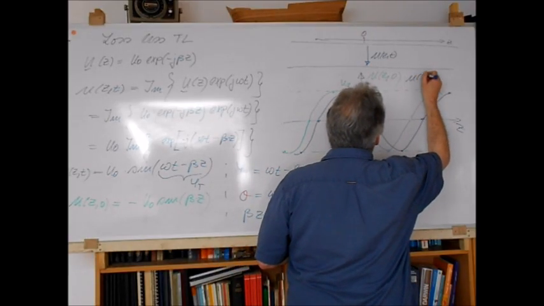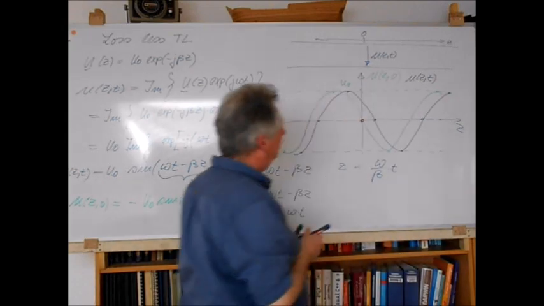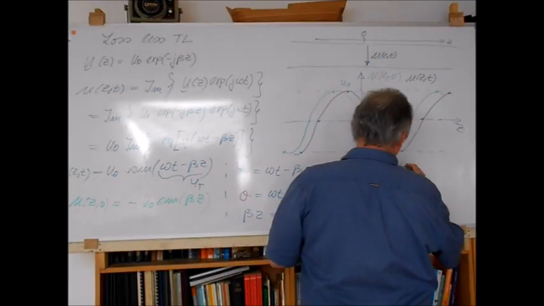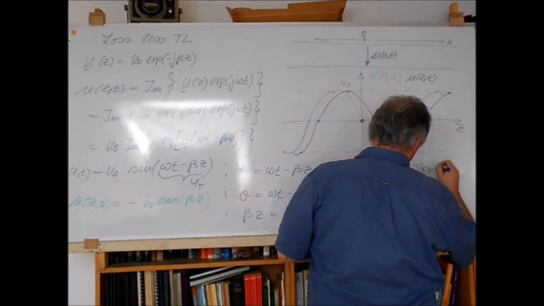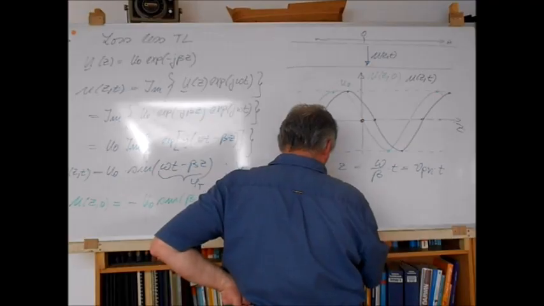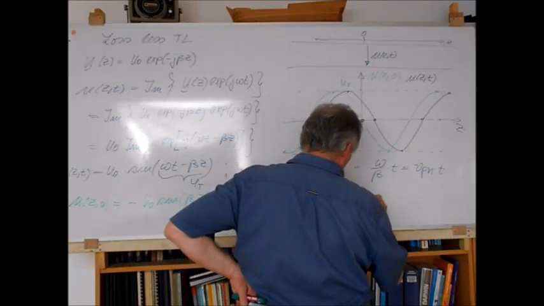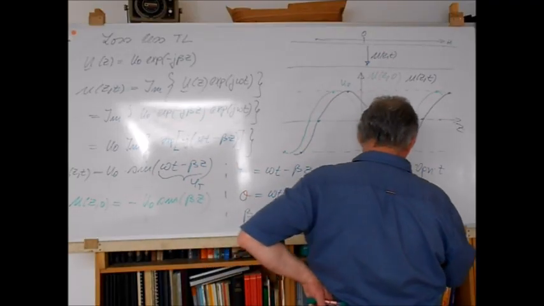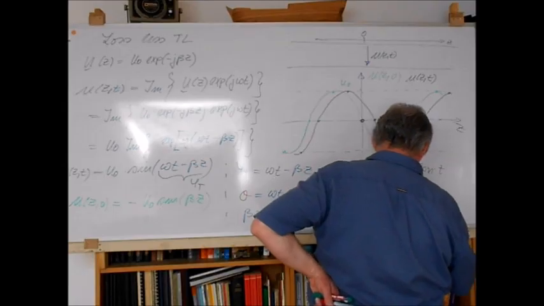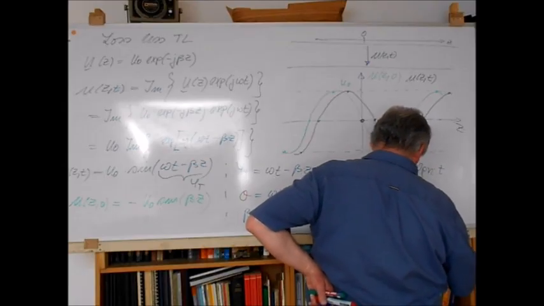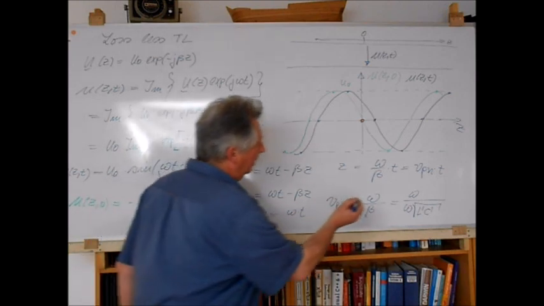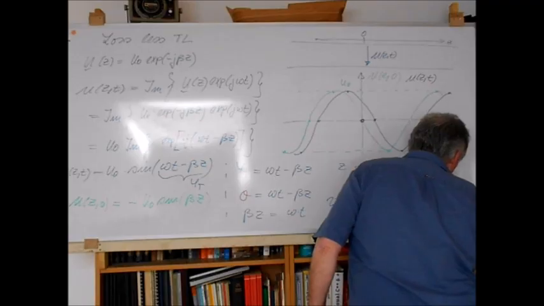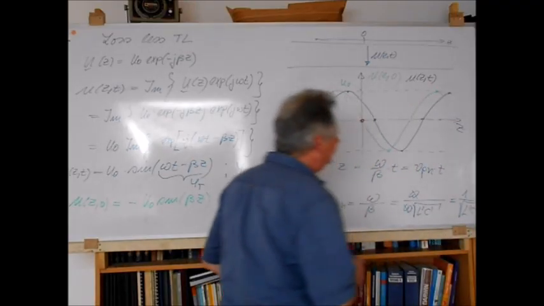This would be u of z, t, and the velocity of movement is given by the so-called phase velocity. The phase velocity is equal to omega divided by beta, which in our case is omega divided by omega times the square root of L prime C prime. So this will cancel, and we will have 1 over the square root of L prime C prime.